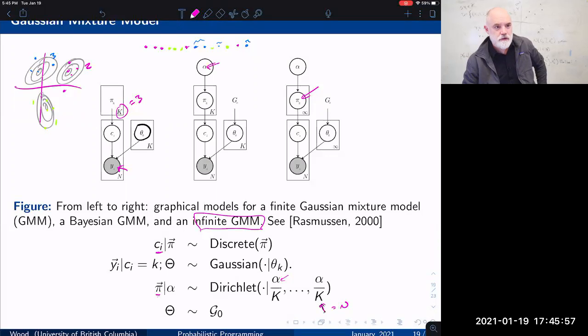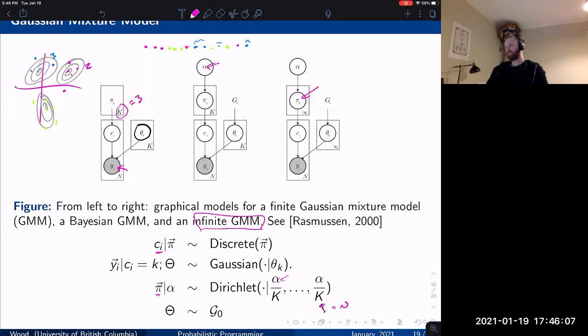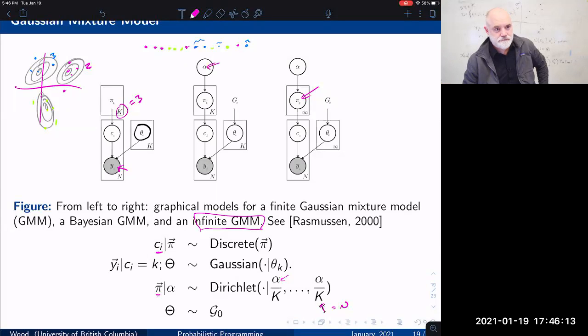One of the conditions of a model being a graphical model is that there is a finite number of nodes. If there's an infinite number of nodes, it's no longer a graphical model. Right. So yeah, that's basically it.